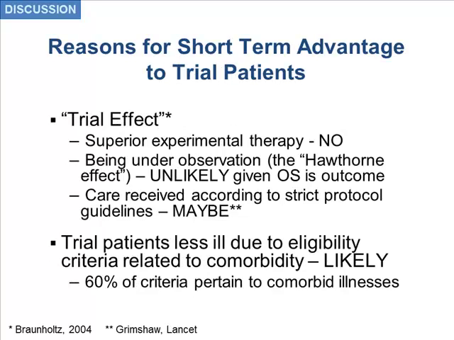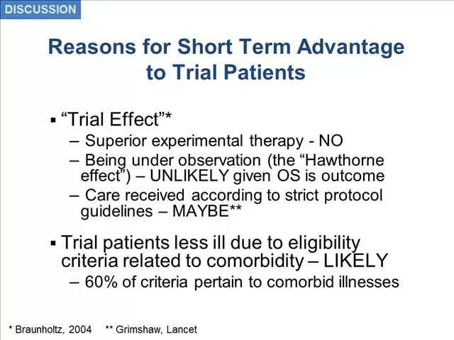So what might be the reasons for this short-term advantage for trial patients? Well, this trial effect has been described as potentially being due to superior experimental therapy. That wasn't the case here because we excluded the experimental arms. It could be due to being under observation, which is referred to as the Hawthorne effect, although that's unlikely here given that overall survival was the outcome.